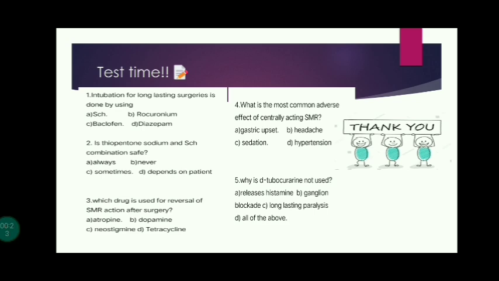Gastric upset, option A, is the most common side effect. Fifth question, why is d-tubocurarine not used? In the past it was a popular drug, but now as people have recognized its side effects, its popularity is not so much. So what does it cause? It releases histamine, yes. It causes ganglion blockade, yes. It is long lasting in paralysis, yes. So all of the above is the answer. Thank you very much.